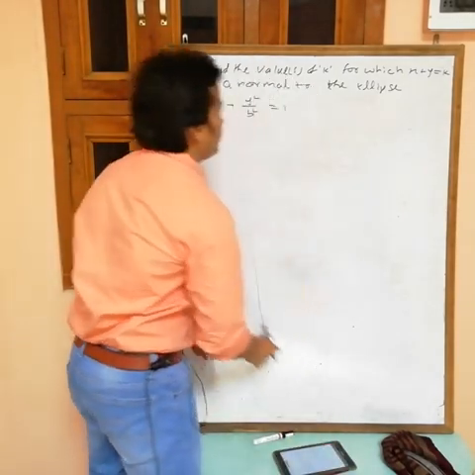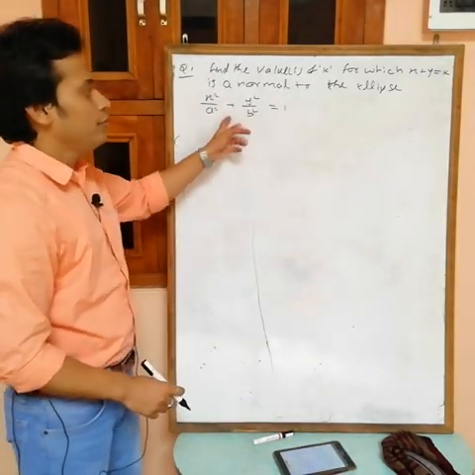Now we want the value of k such that this line becomes normal to this ellipse.